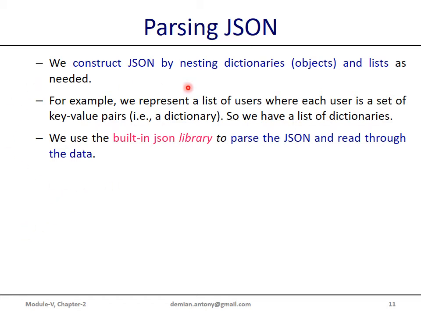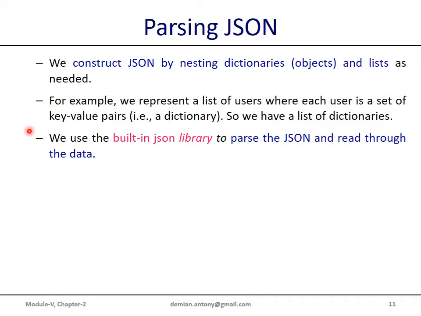We can construct JSON by nesting the dictionaries and lists whenever we require. For example, when we represent the list of users, where each user is a set of key value pairs. So we have a list of dictionaries, and each dictionary represents the user, and the list represents the list of users.